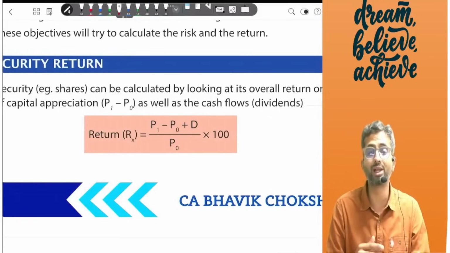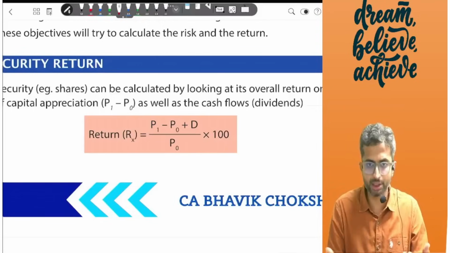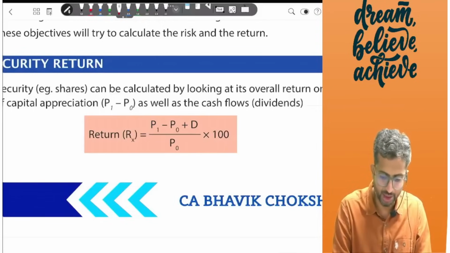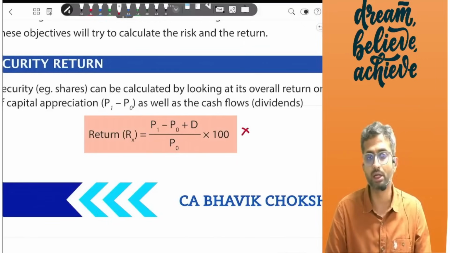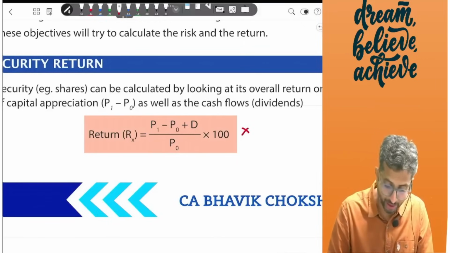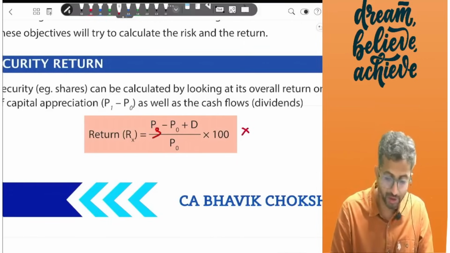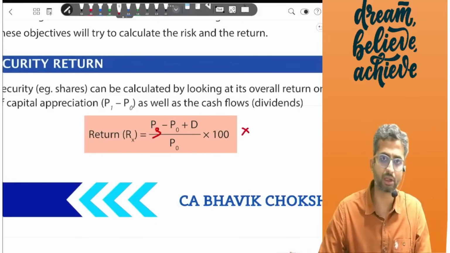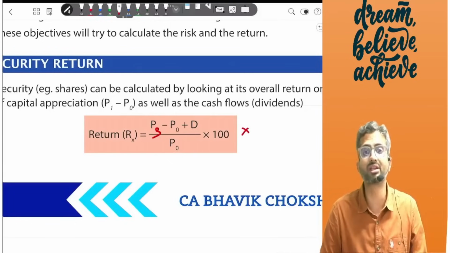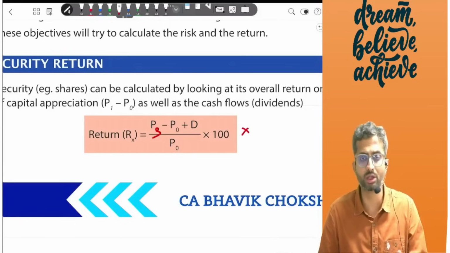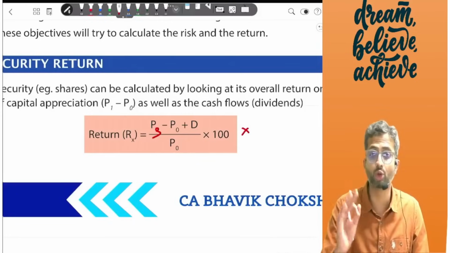However, if you have to calculate the return over multiple periods, for example, this is the return for a single year. If you want to do it, let us say, with P3 instead of P1, so you are given the price directly after the third year, so P3 minus P0, that will give you the capital appreciation over the 3 years plus the total dividend over the 3 years upon P0. This will give you return over 3 years.